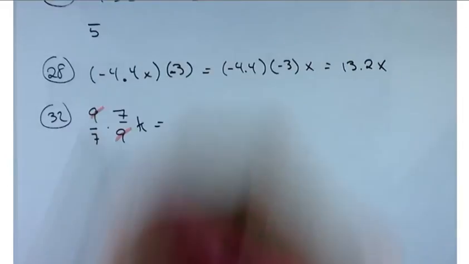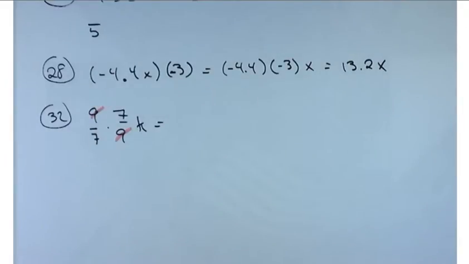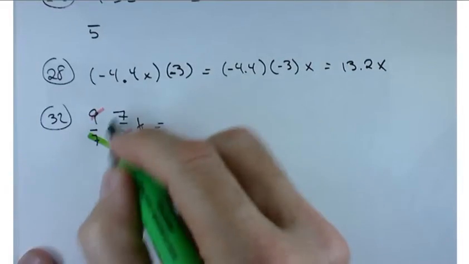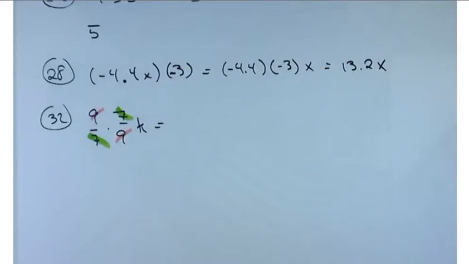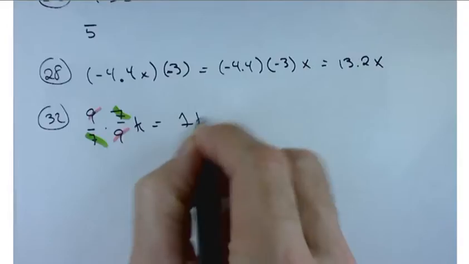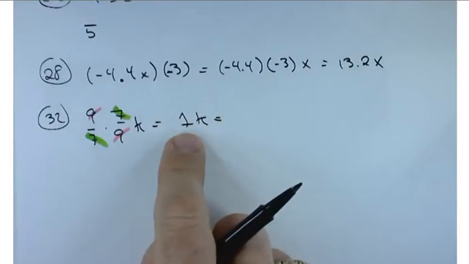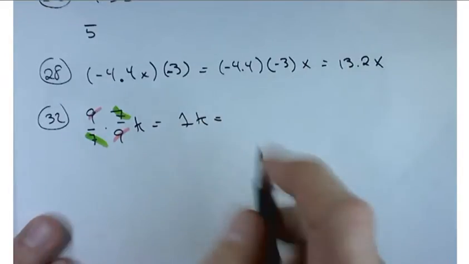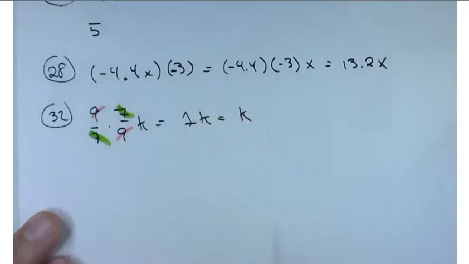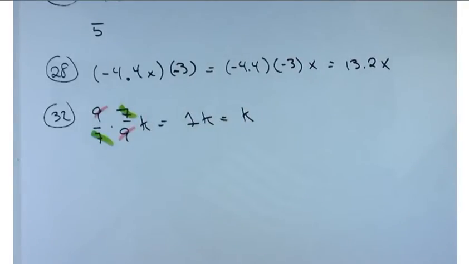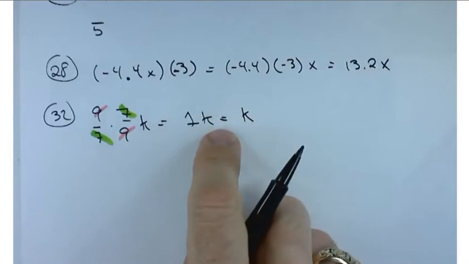The 9s cancel, as do the 7s. The 7s cancel. 1k. Now, just FYI, the 1 is understood. So if you wanted to, in fact, I'd probably prefer it, although I wouldn't mark it wrong, if you wanted to just write k, that's great. K is it. But either of these is fine. Either of these is acceptable.